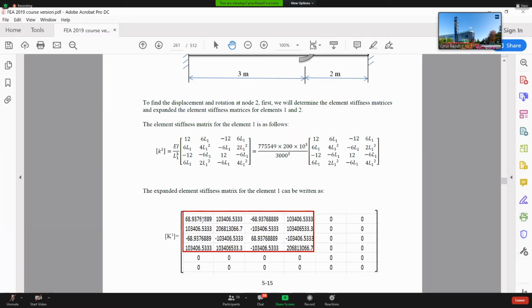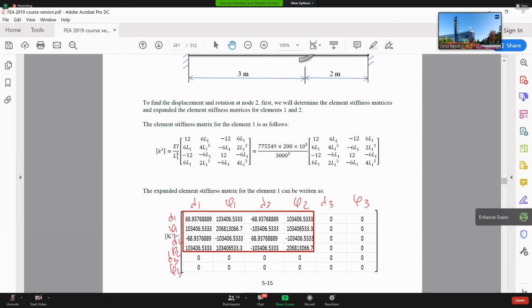Here you have D1, phi 1, D2, phi 2, and D3, phi 3. Same here: D1, phi 1, D2, phi 2, D3, phi 3.